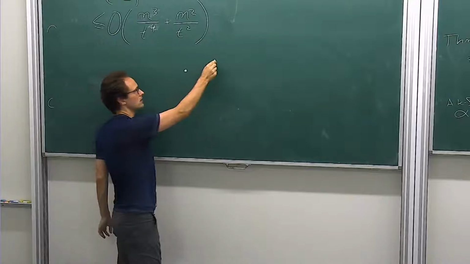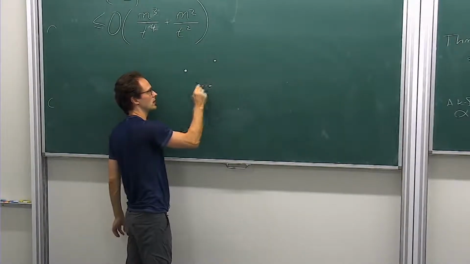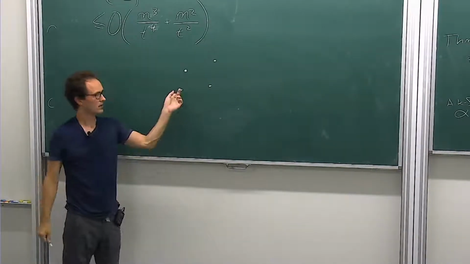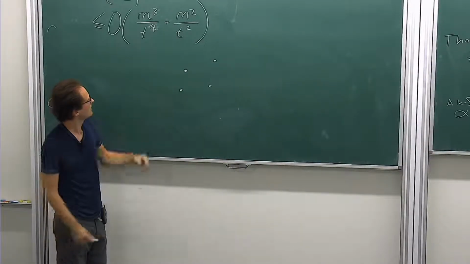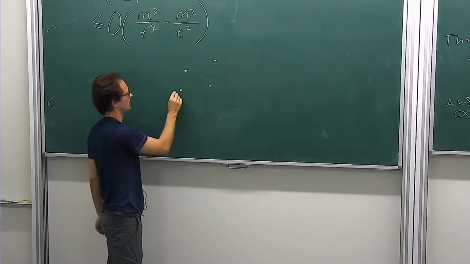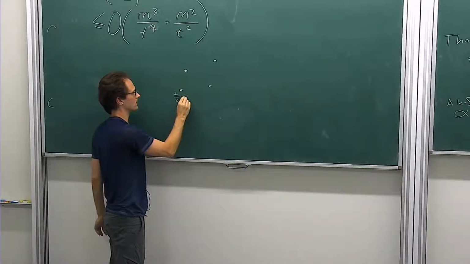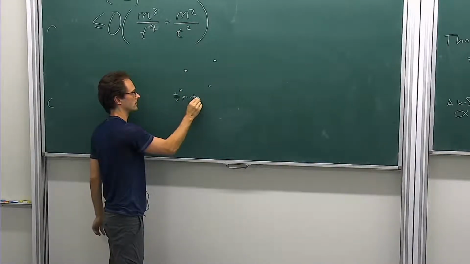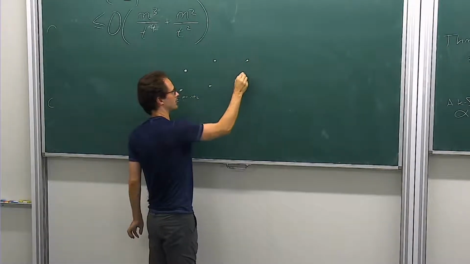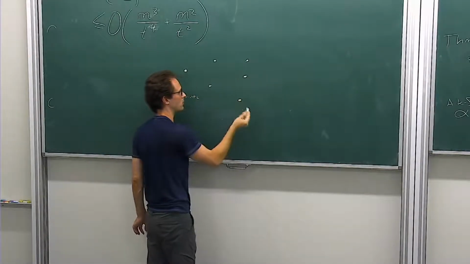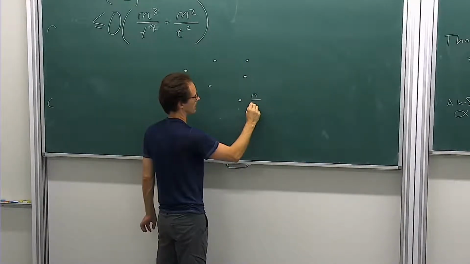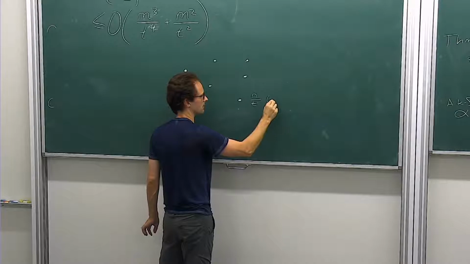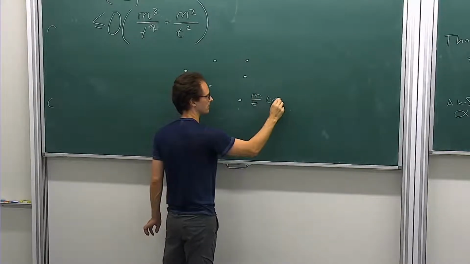So behind each of these points that I'm drawing here, there's a line of, let's say, t over 2 points. And so we just put them however you want, and you have n over t lines, m over t lines.